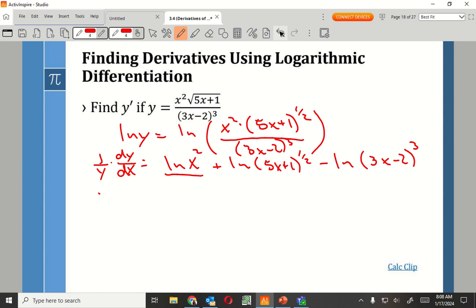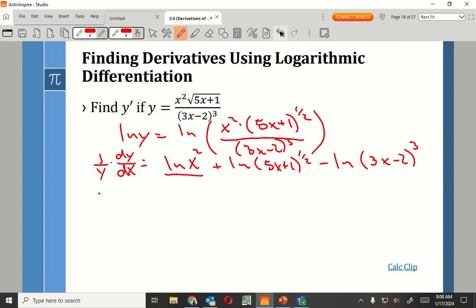So it's 2 ln x, and the derivative of ln x is 1 over x. Didn't we just come up with 2 over x again? But this time we did it as a log rule. We did it using chain, and that's why I was having you do the mental math.